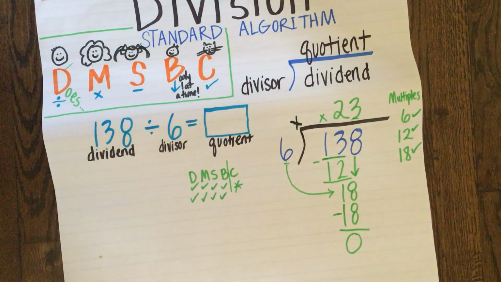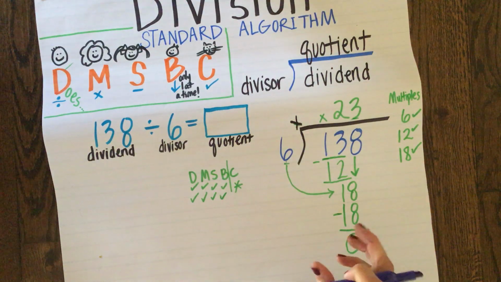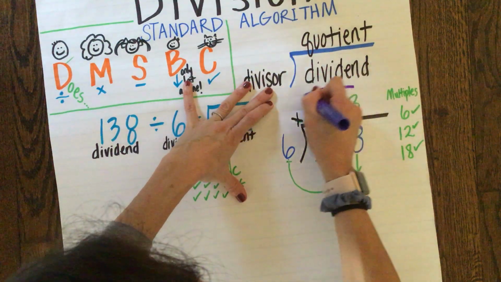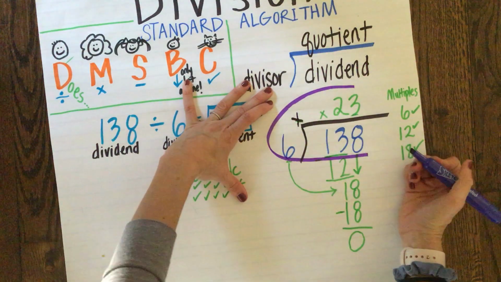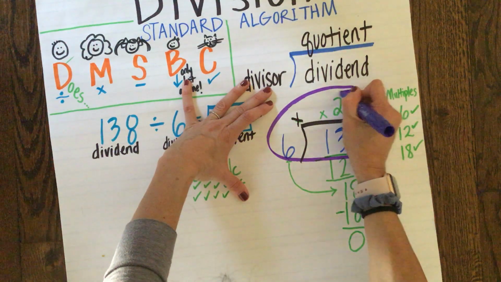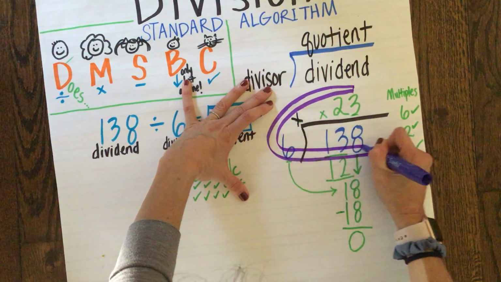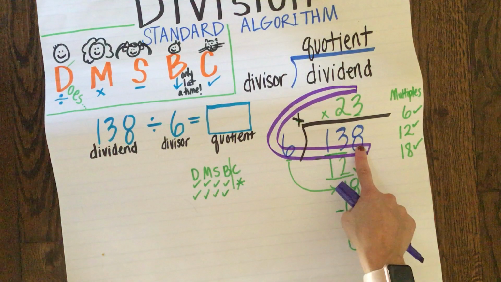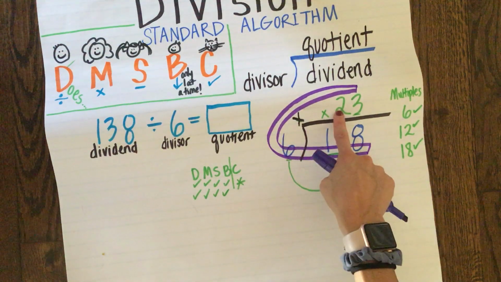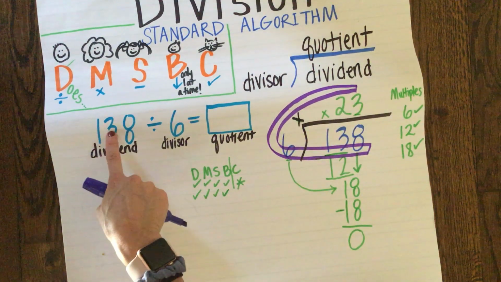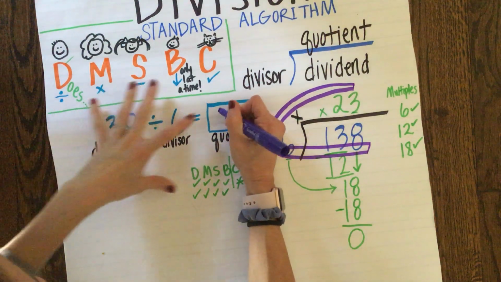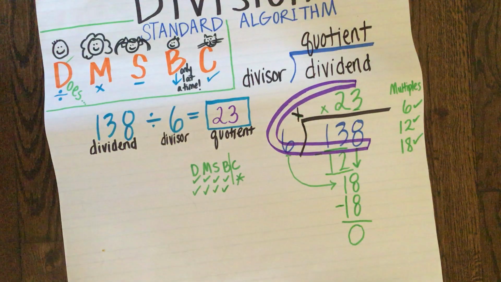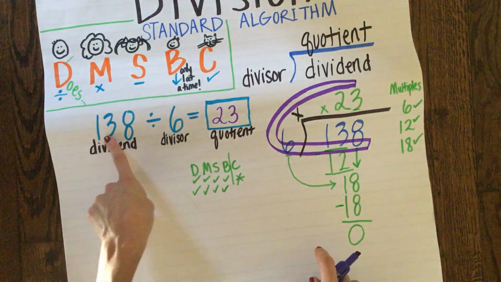Now checking your work, I always tell my students to do this. Make a big C. Check your work. See how it looks like a big C for check? We said 138 divided by 6 equals 23. We're going to check our work using inverse operation, the opposite.